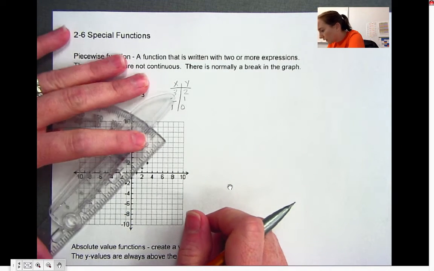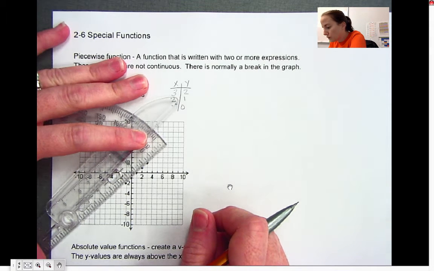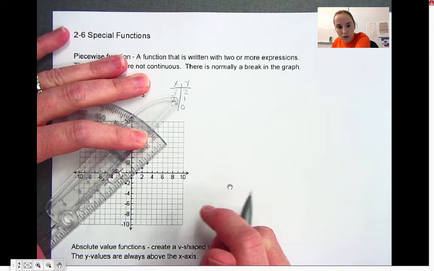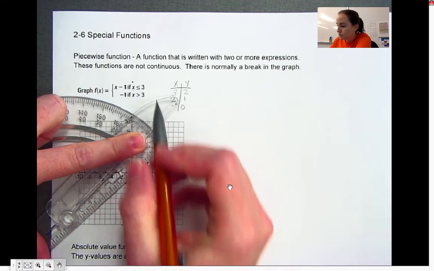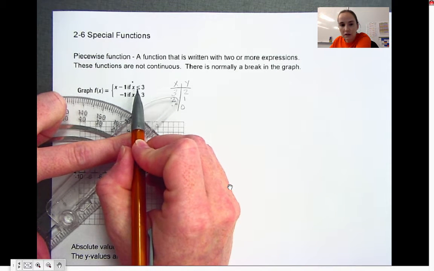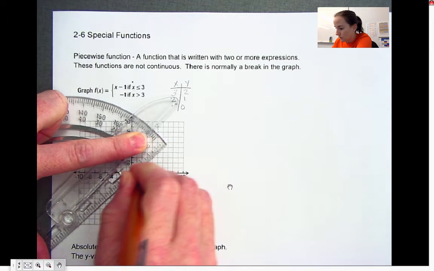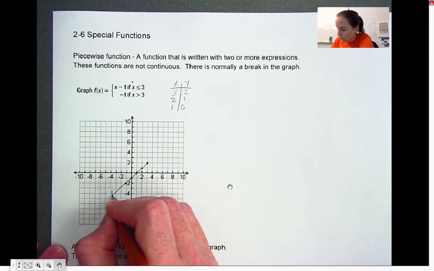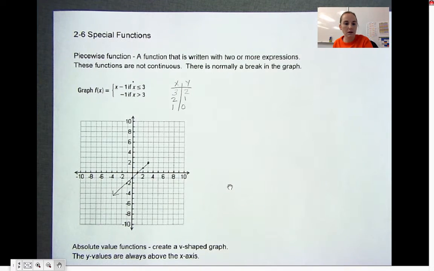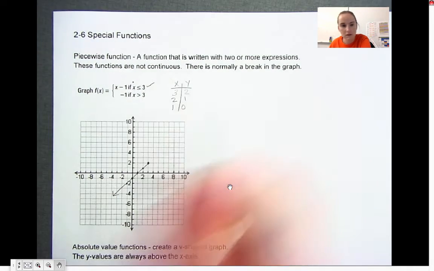And when I connect, you don't want to go through the point at 3 because this specifically tells me only the numbers that are less than or equal to 3. So I got to stop at 3. Okay, so that's only that part of the function.